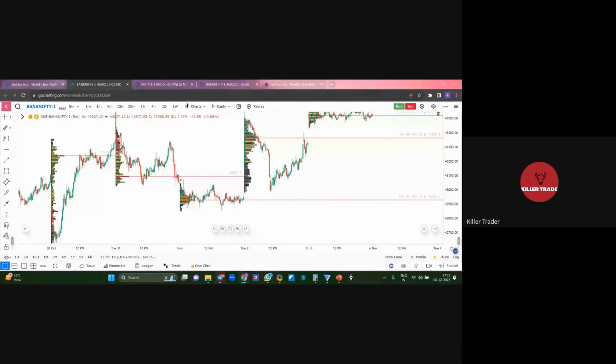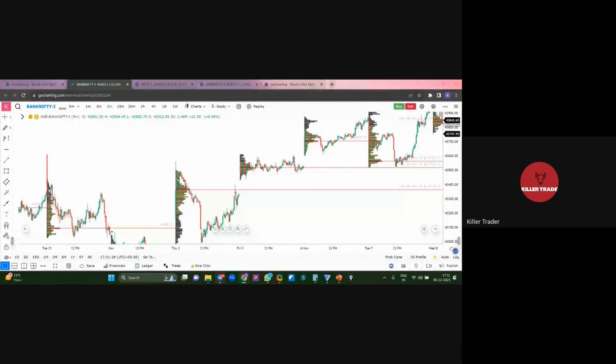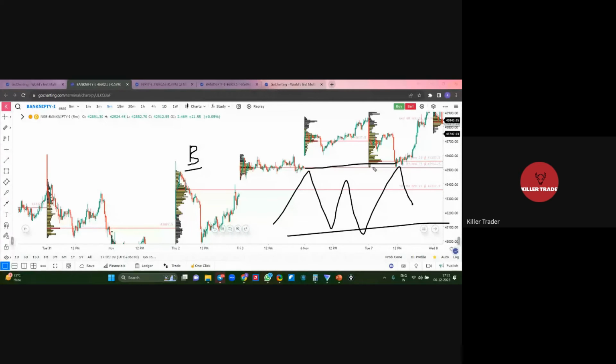The first step if you want to become a professional trader is to understand what kind of markets we are trading in. Are we trading in a market where there is a higher chance that breakouts will sustain, or a market where you can take entries at pullbacks? This is what volume profile will help you understand.